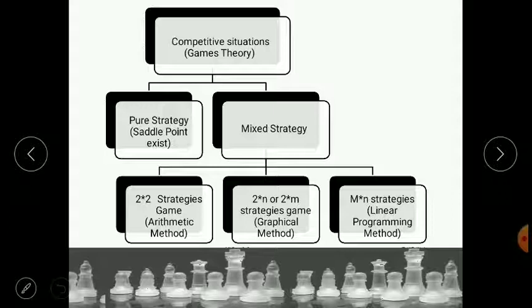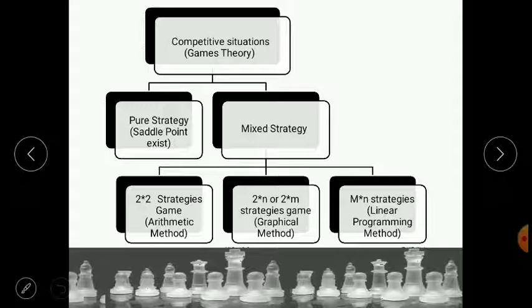The course of action is very particular, it's very pure, but in mixed strategies it is mostly a probability distribution. Saddle point is an example of a pure strategy, and with respect to mixed strategy, there is the 2 by 2 strategic game, arithmetic method. Then we also have the graphical method for 2 by n strategy games, and for m by n strategy games we have the linear programming method.